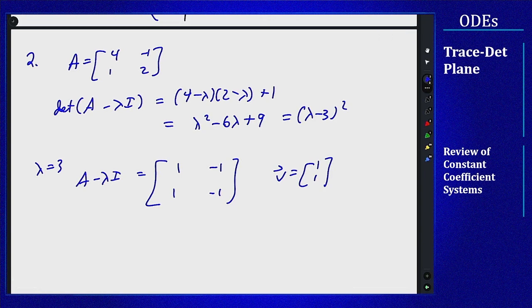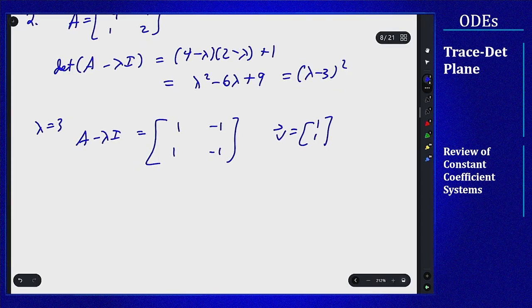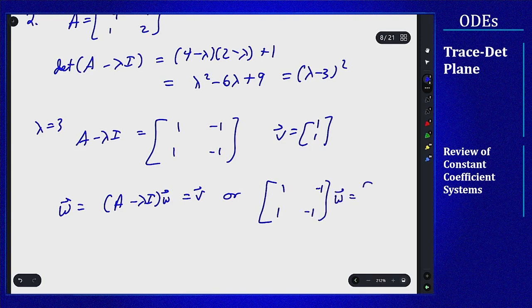Now, because we're in the repeated root case, we only got one eigenvector, so we need to do the generalized eigenvector thing to find a second one. And so W is defined by (A minus lambda I) W equals V, or with the equations we have here, 1, -1, 1, -1 times W equals (1, 1).